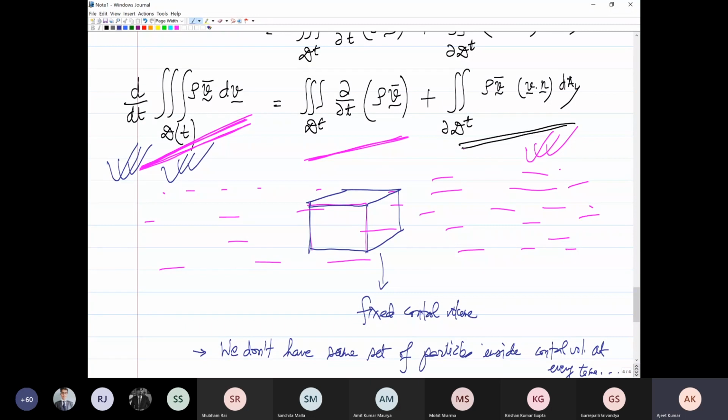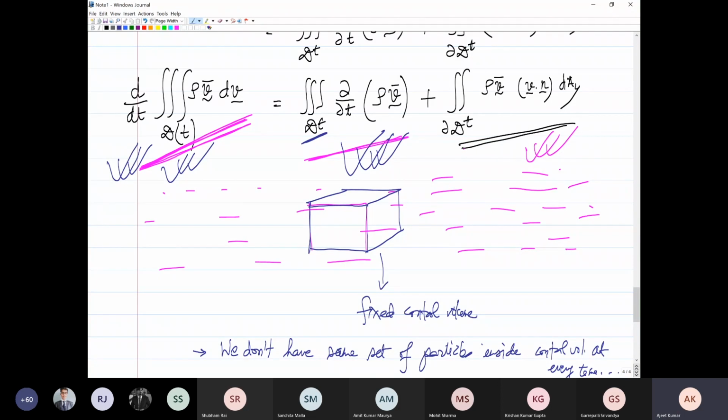But if you want to calculate the rate of change of linear momentum through the control volume approach, then you come to the right hand side, and in place of dt you'll have this control volume, whatever the fixed control volume is, and then you have two terms here.